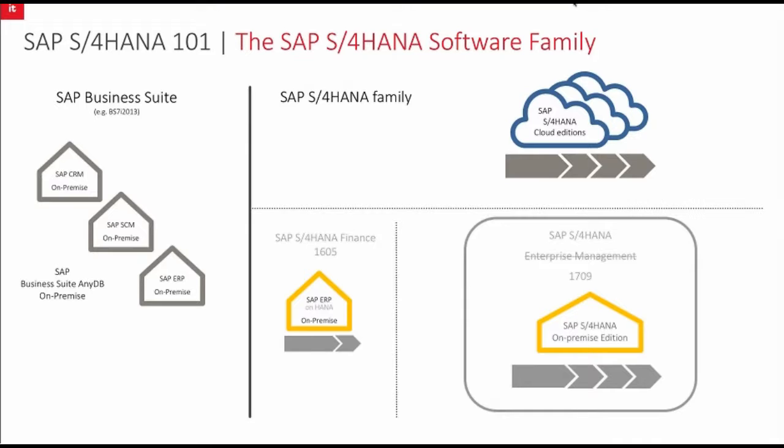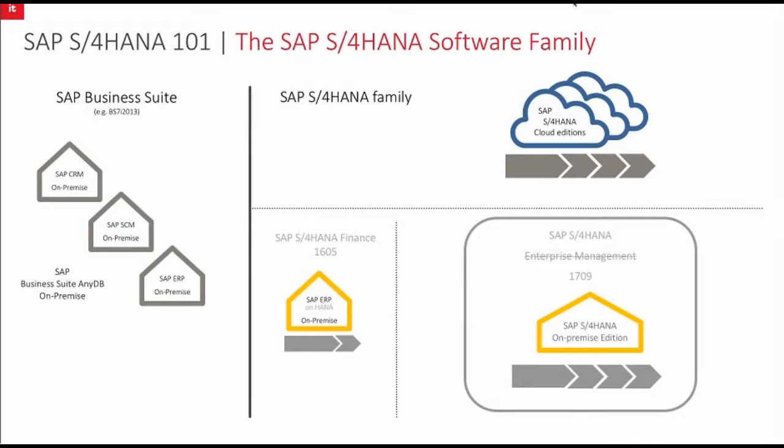So for most of you on this call, I suspect that the focus for you will be what we term as the main S/4HANA on-premise edition, which is currently SAP S/4HANA 1709, previously referred to as Enterprise Management, but now just referred to as SAP S/4HANA 1709 being the latest release.